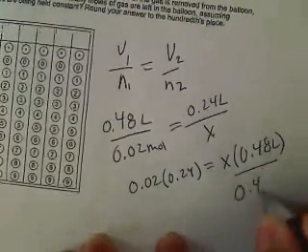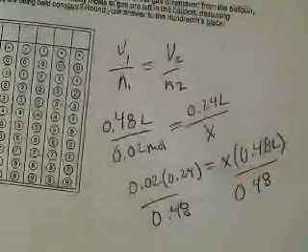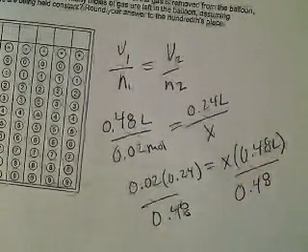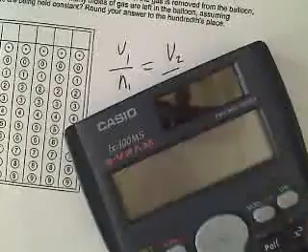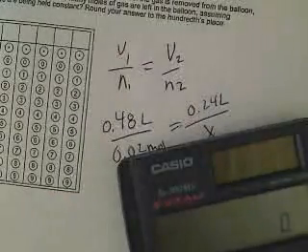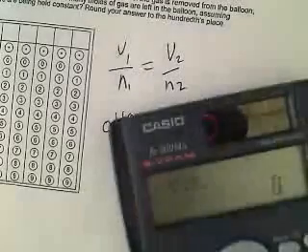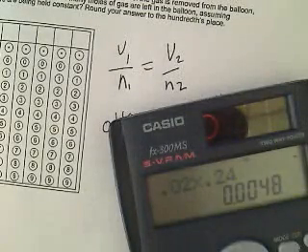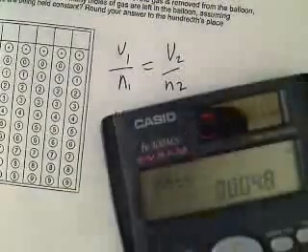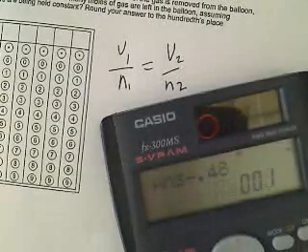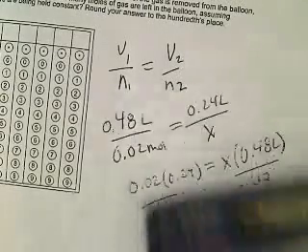I need to divide both sides by 0.48. So I have 0.02 times 0.24 divided by 0.48. And so my answer is 0.01.